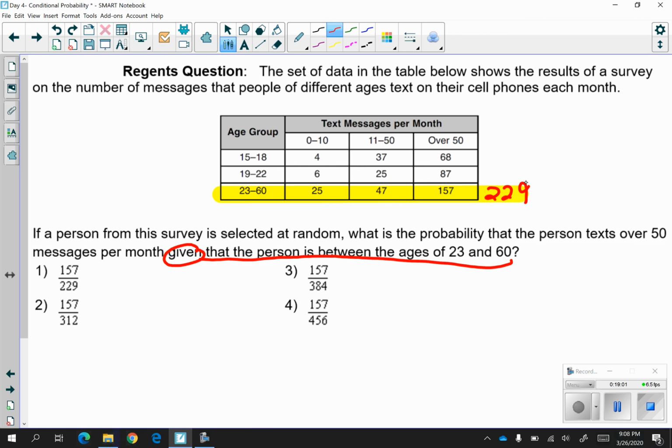That way you don't go anywhere else on your table. Anyway, of that 229, we're talking about the people who text over 50 messages per month. So you have 157 out of the 229 people. And that's your probability.